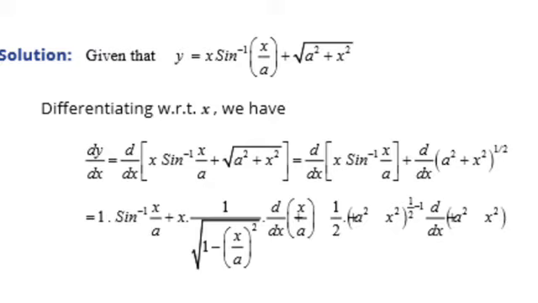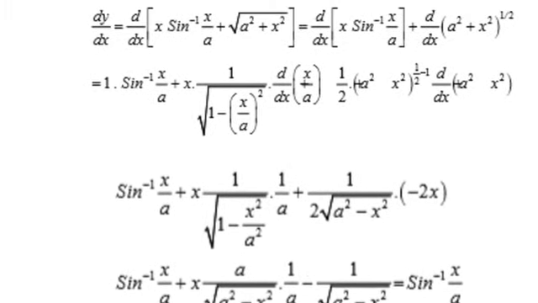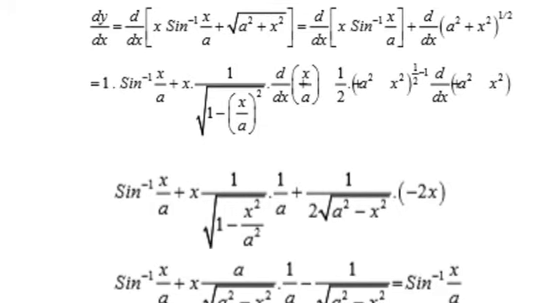because the derivative of sine inverse is 1 over the square root of 1 minus x square, we put x over a in the formula, and the derivative of x over a, plus the derivative of a square plus x square to the power 1 over 2, it becomes power minus 1 and the derivative of the base. Now we simplify.